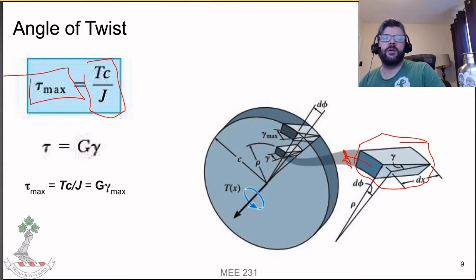We can rejig this to give us our tau max in terms of G times the maximum shear strain.